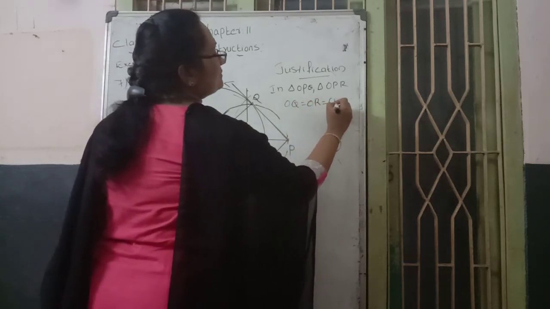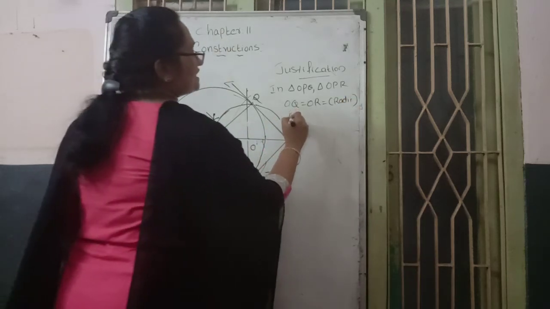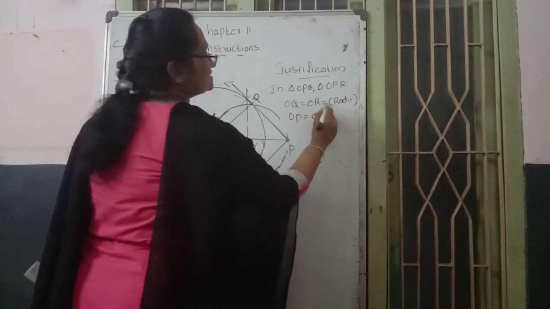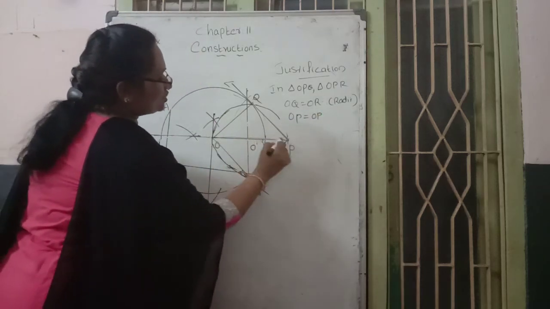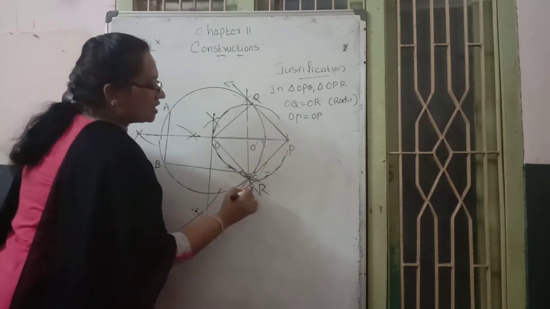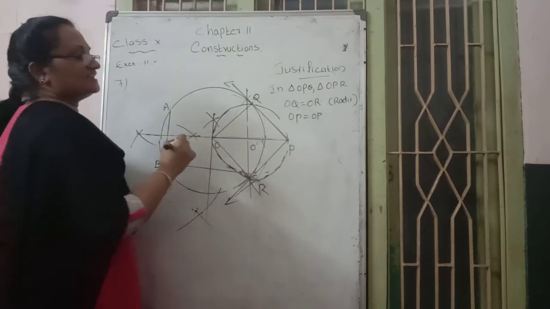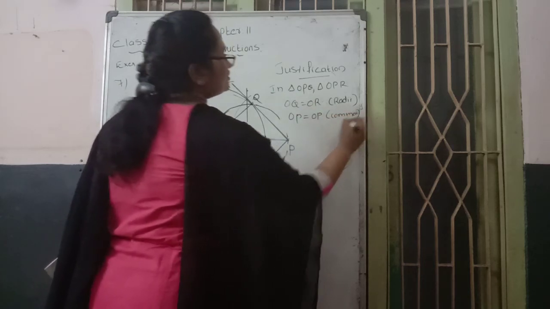What is the reason? Both are radii of that circle. Next, OP is common to the two triangles. In OPQ, the OP side is there; in ORP, the OP side is there. It is a common side for the two triangles.